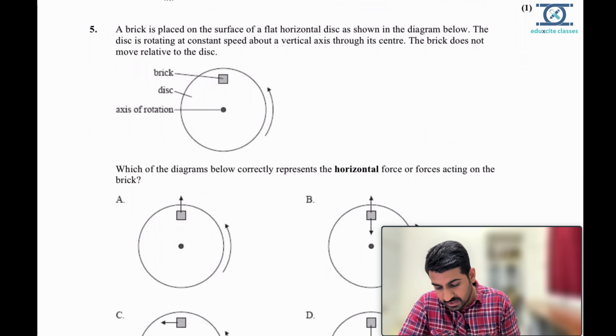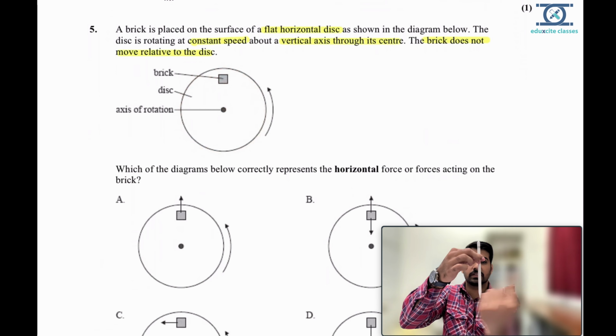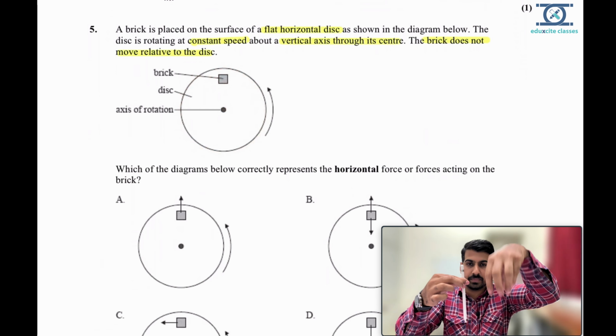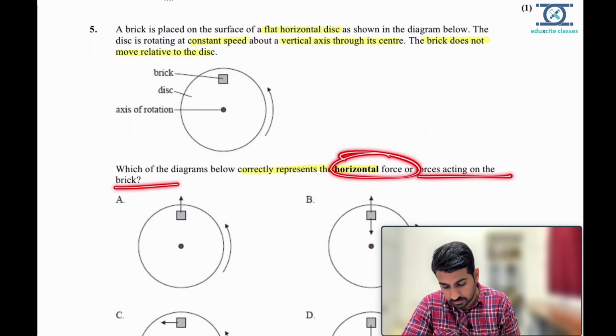Now question number 5. A brick is placed on a flat horizontal disk. The disk is rotating at a constant speed about a vertical axis through its center. The brick does not move relative to the disk. Now this is the brick, this is the disk, and this is the vertical axis, and the disk is moving like this. We have to correctly represent the horizontal force acting on the brick.